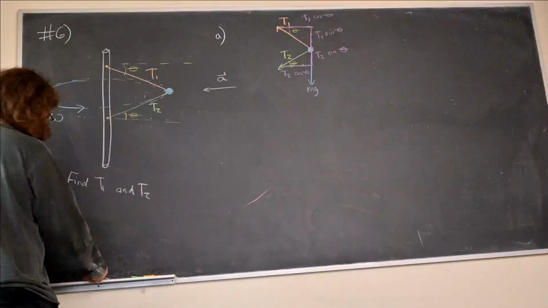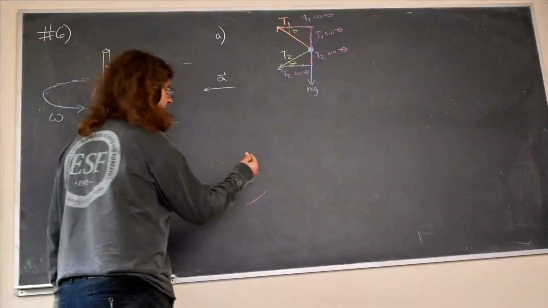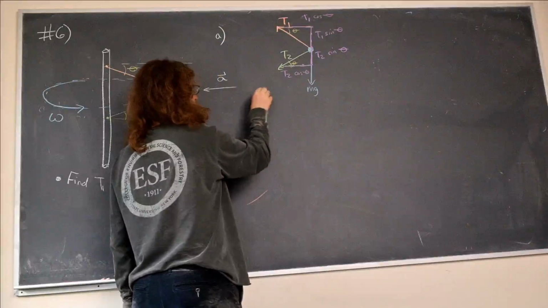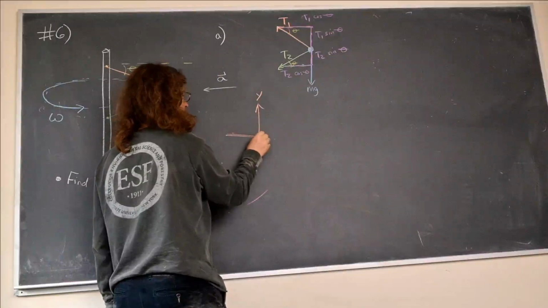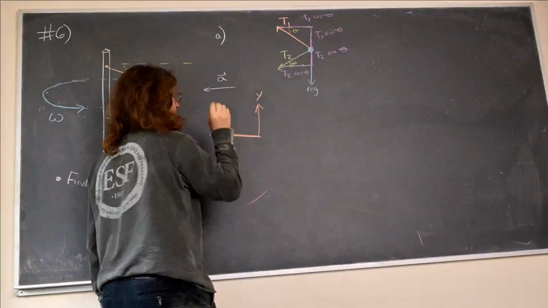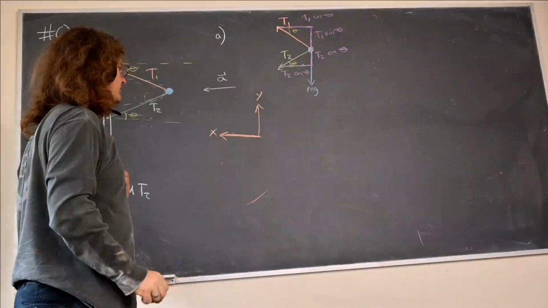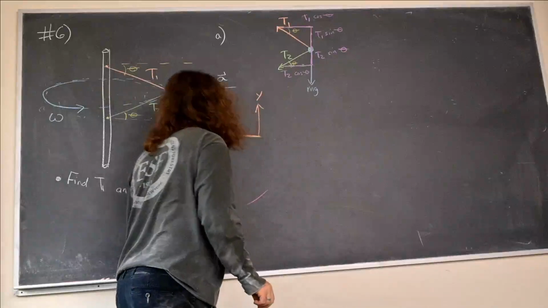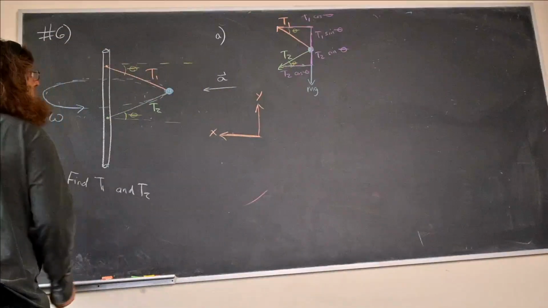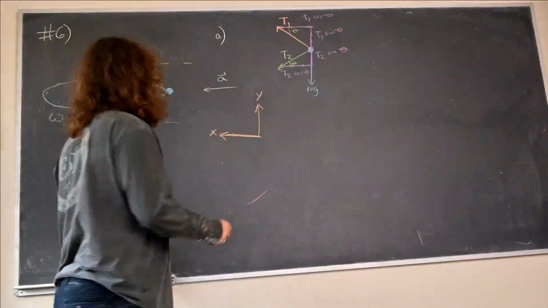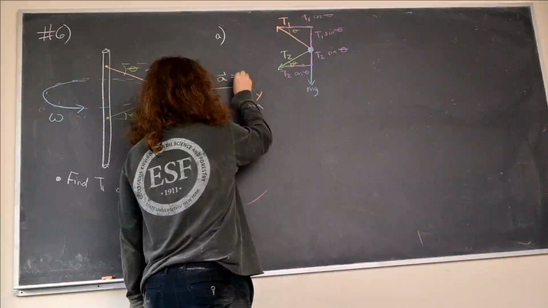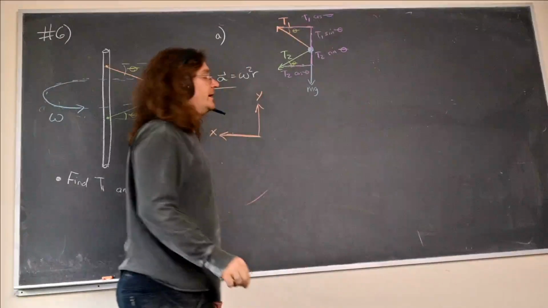Because notice everything is going to the left here, I'm going to choose my positive x direction to be the left. Can I do that? Absolutely. Since I'm going in a circle, I know my acceleration vector has magnitude omega squared r toward the middle.